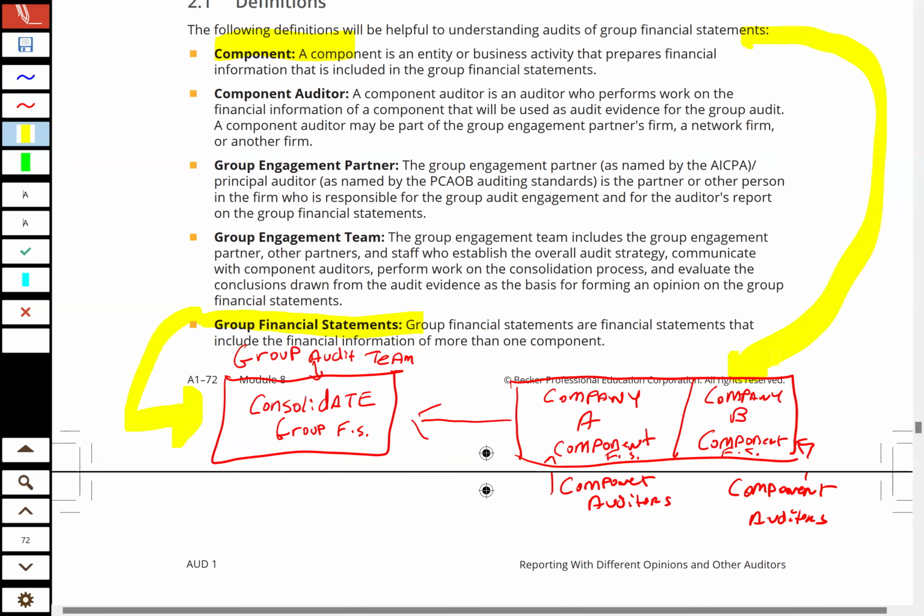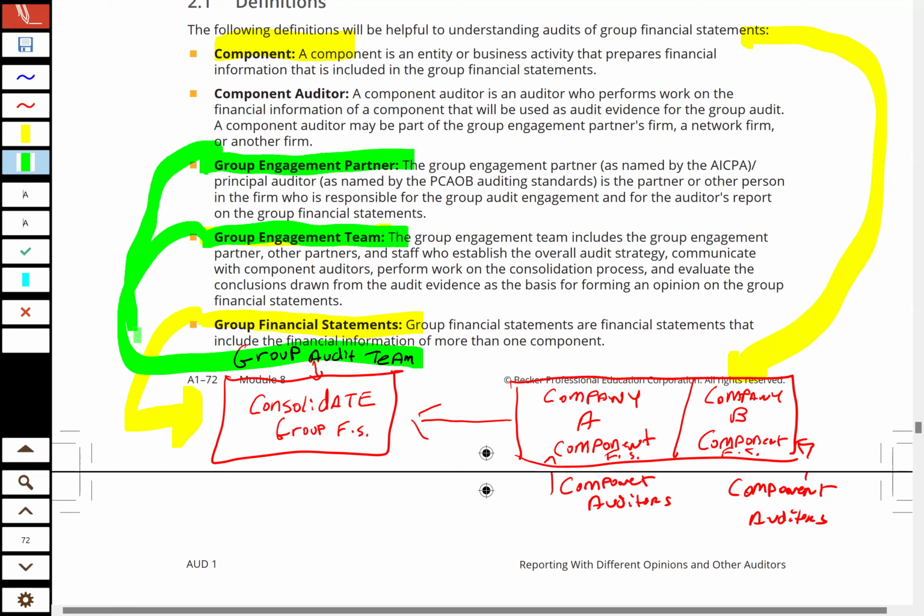You have the group engagement team right there. Okay, group audit team, group engagement team, and you'd have a group engagement partner. Okay, so they're the leader of the group engagement team, obviously. And then you have your component auditors, right?